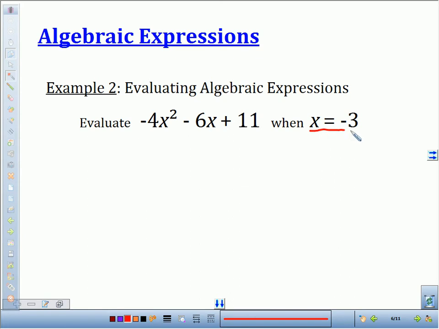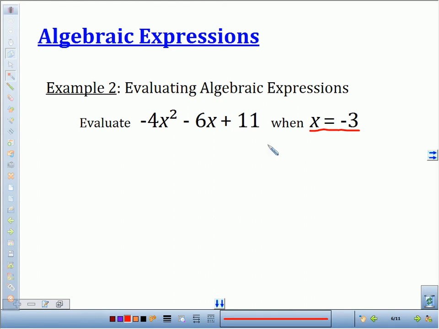Since x equals -3, all I want to do is rewrite this expression. Anywhere I see x, I'm going to replace it with -3. I'm not going to change anything else until I start to use the order of operations to simplify and evaluate the expression. So, let's start with our substitution.